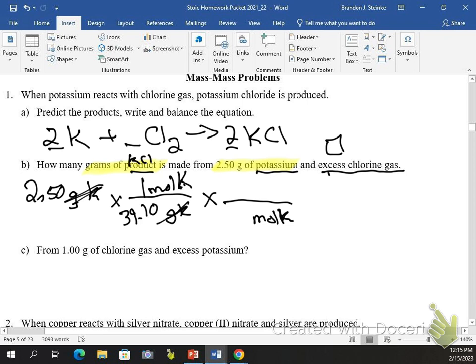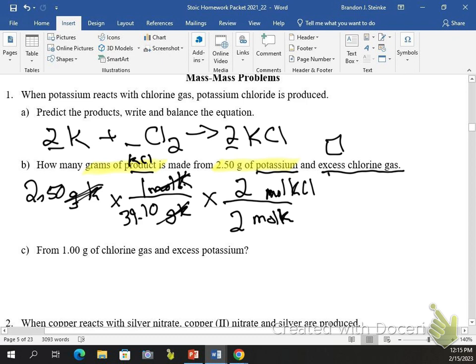But I can turn 1 mole of potassium into what? I can turn it into, sorry, moles of KCl. So once it's in moles, that's what you change it to. So how many moles of potassium are needed to react with how many moles of KCl? 2 and 2. Those numbers came from the coefficients in your balanced equation.